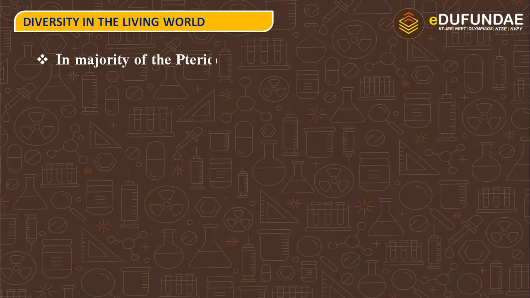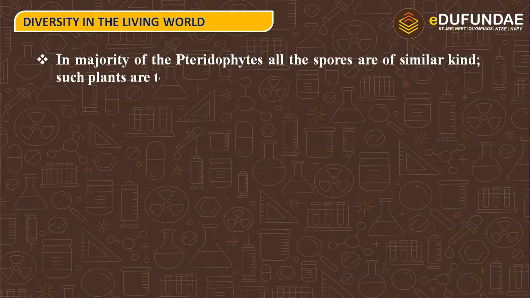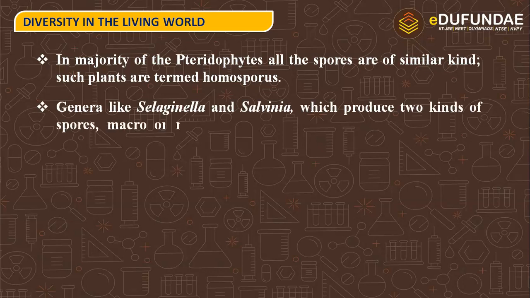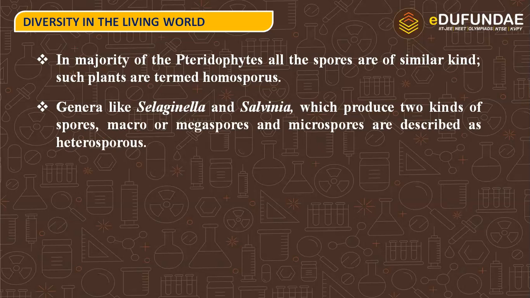In the majority of Pteridophytes, all the spores are of similar kind. Such plants are termed homosporous. Genera like Selaginella and Salvinia, which produce two kinds of spores, the macro or megaspores and microspores, are described as heterosporous. That means when the size of the spore varies, what do we call it?